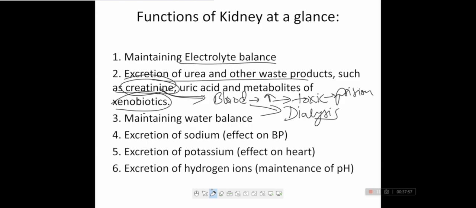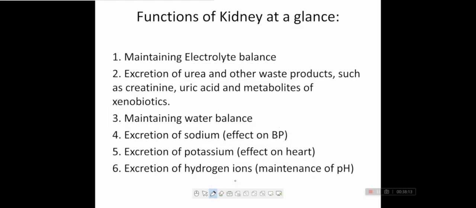Next, maintaining water balance. Fourth, excretion of sodium, excretion of potassium, effect on the heart, and excretion of hydrogen ions that maintain the pH. So these are the functions of the kidney.